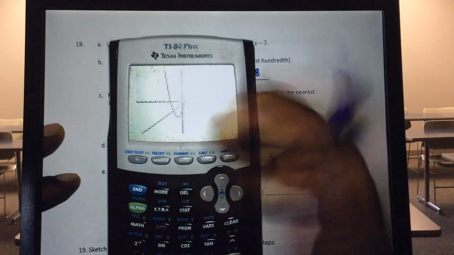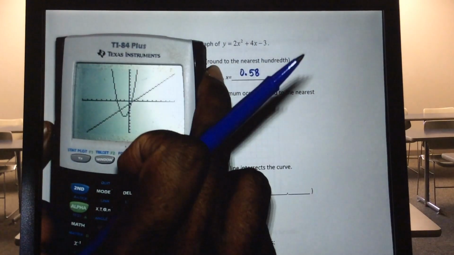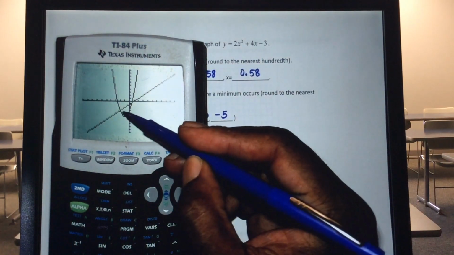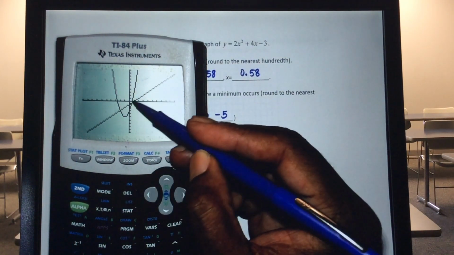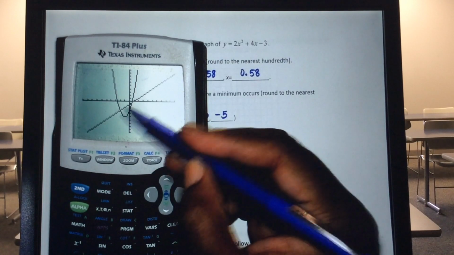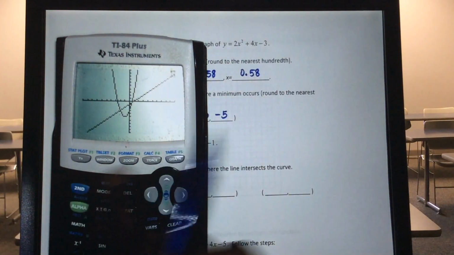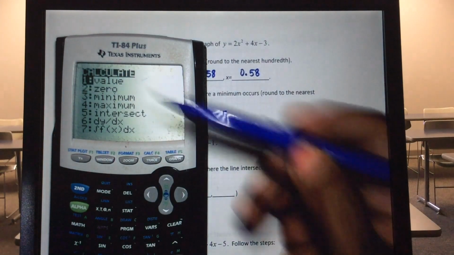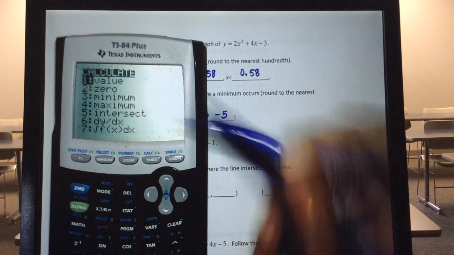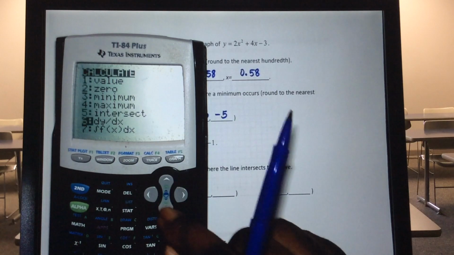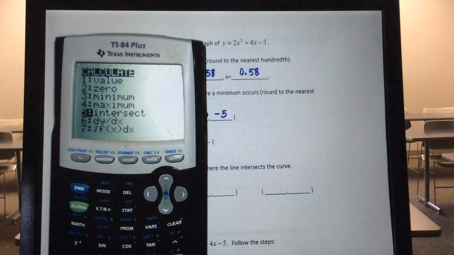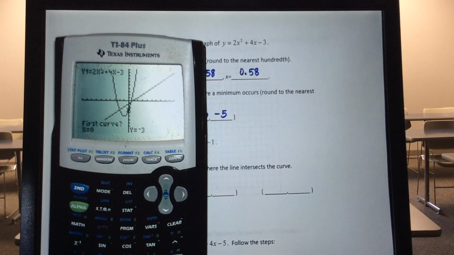So I want to know the point of intersection here and the point of intersection up here. Let's start with this point of intersection right here. I'm going to do second and trace. This time, I'm going to select menu item number 5, which is intersect. Okay, press enter.